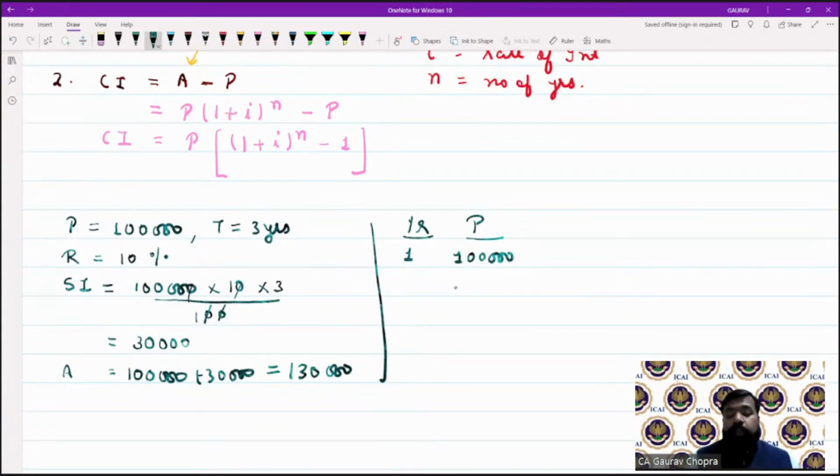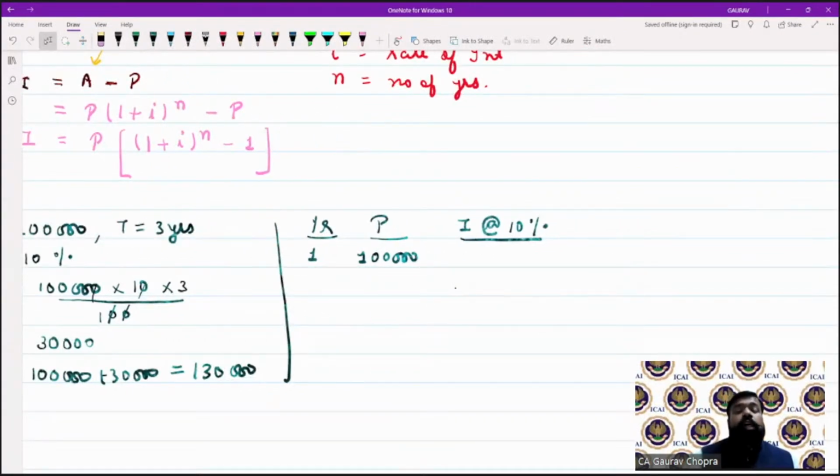We will get interest at the rate of 10% per annum. So 1 lakh multiplied by 10% for 1 year. How much will be the interest? Interest will be 10,000. Now, if we add both of them, principal plus interest, we will get the amount.